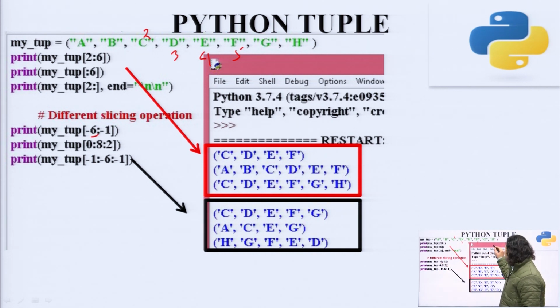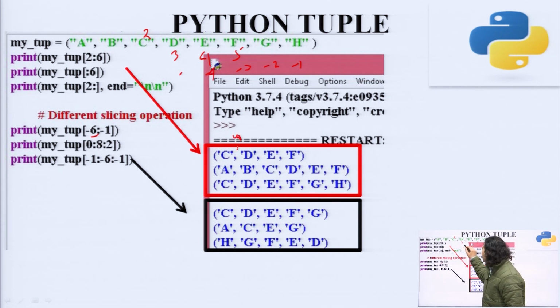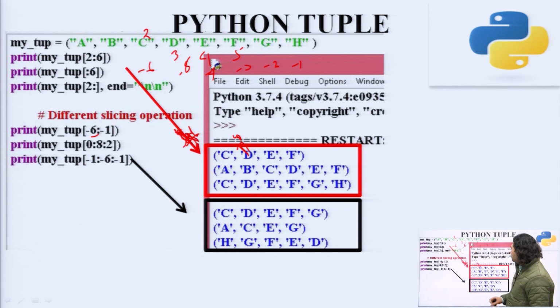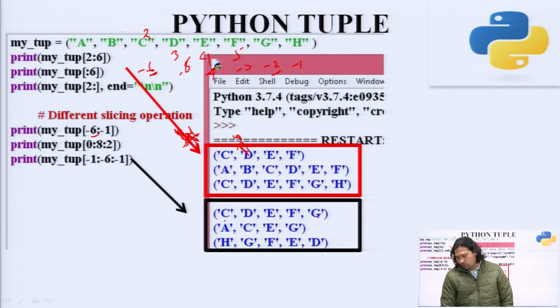So, minus 1, minus 2, minus 3, minus 4, minus 5, minus 6, and so on. So, minus 6 is this one and we are going to minus 2. So, the output is from C to G. This is how we decode a slicing operation in tuple data type.